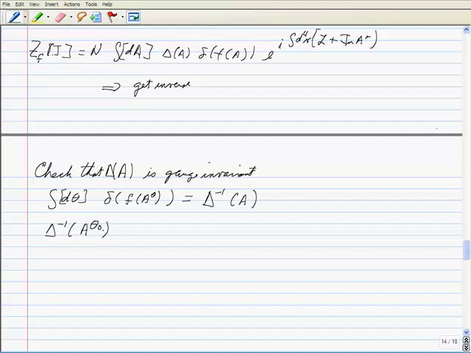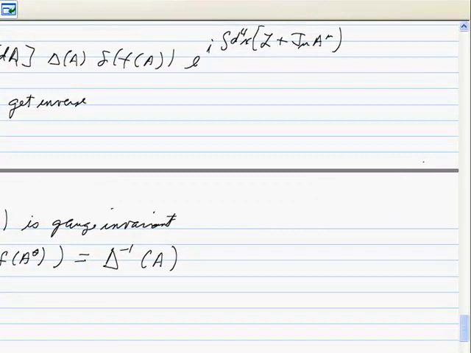I'm going to take not A, but a gauge transformation of A. So A of theta 0 means I've made a gauge transformation on A by some function theta 0. So that then is equal to the integral d theta, delta of f of A theta 0. Okay, so I make a further gauge transformation theta on top of one that I already have. Okay, that's formally what that means.